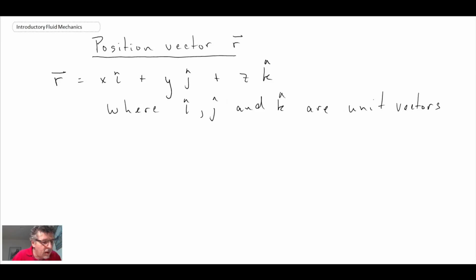If you recall, the property of the unit vector was that the magnitude of the unit vector is equal to 1. So if we were to compute the magnitude of any of the unit vectors, we would get 1.